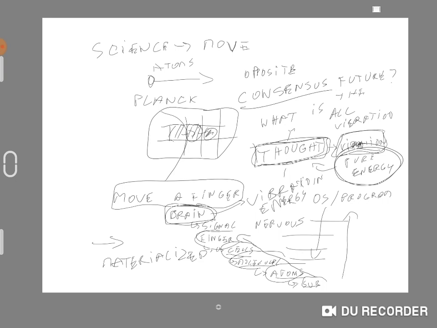What is much more likely is that all you have is always pure energy, pure potential for anything to happen at any point in time, and it is your consciousness, your thought, that gives that pure energy a shape.